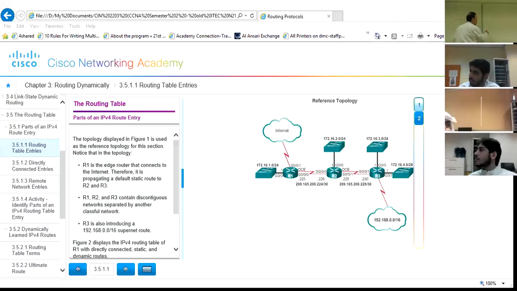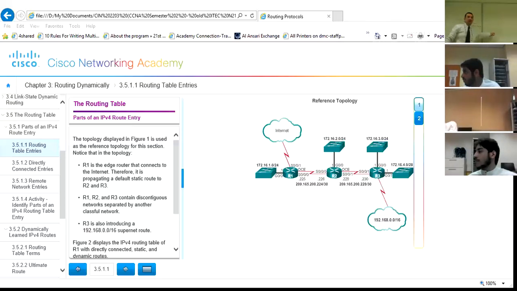So in R2's routing table there will be an entry, R for RIP, 172.16.0.0/16, because /16 is the classful subnet mask for a class B network. Now what happened here? It's not the correct one, because our real subnet mask is /24.